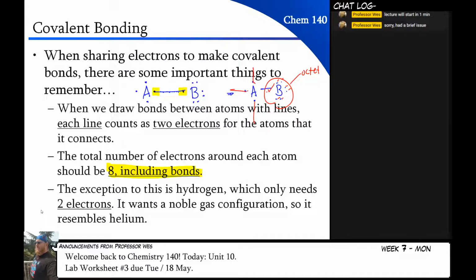Now, there are always exceptions because, of course there are, right? The exception is hydrogen. Hydrogen only cares about 2 electrons. Instead of getting an octet, hydrogen will settle for 2. And the reason for that is hydrogen is tiny. 2 electrons is enough for him.